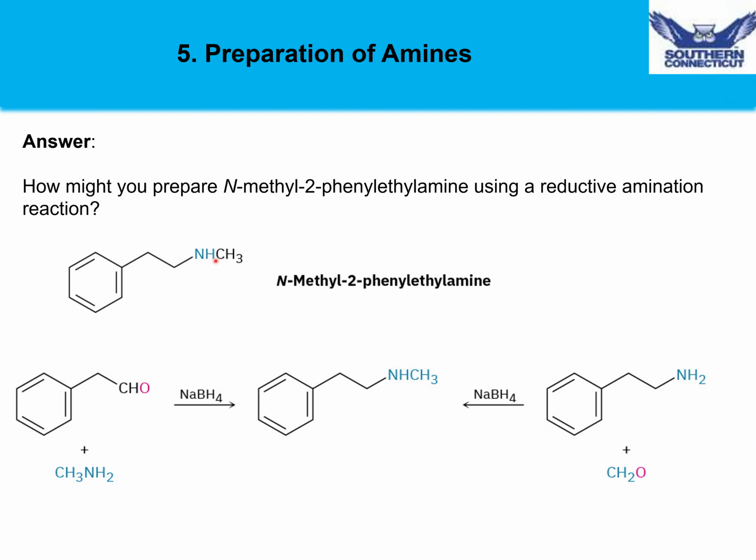So in this example, we can add this phenyl ring plus the two carbons that are attached to the nitrogen from an aldehyde if we mix it with methylamine and sodium borohydride, or we can add the methyl group from an aldehyde, so that would be formaldehyde, adding it to this amine, and sodium borohydride would give us the same product.